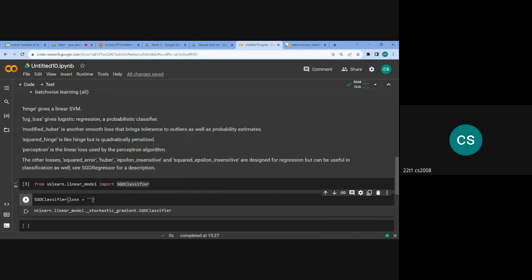If I want to create an SVM out of it, by default it is SVM only. Hinge is SVM, so you can create a hinge in this.